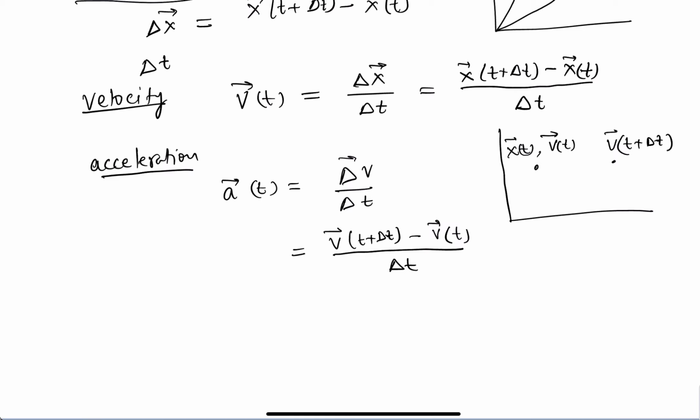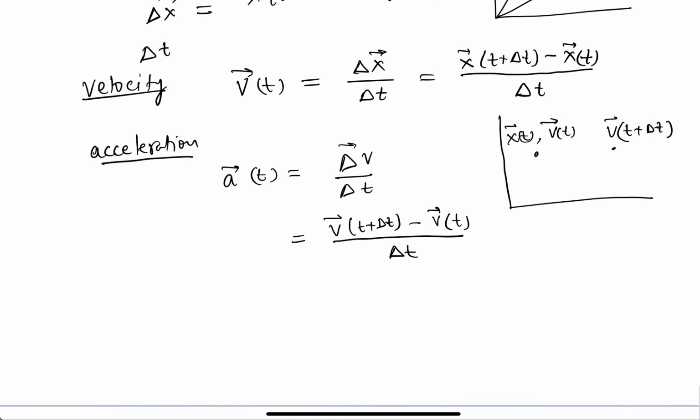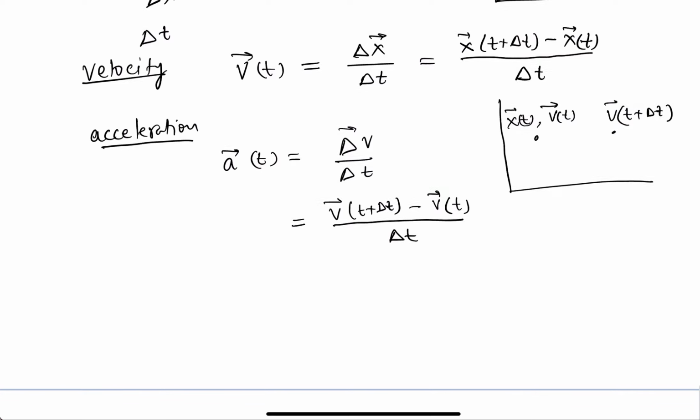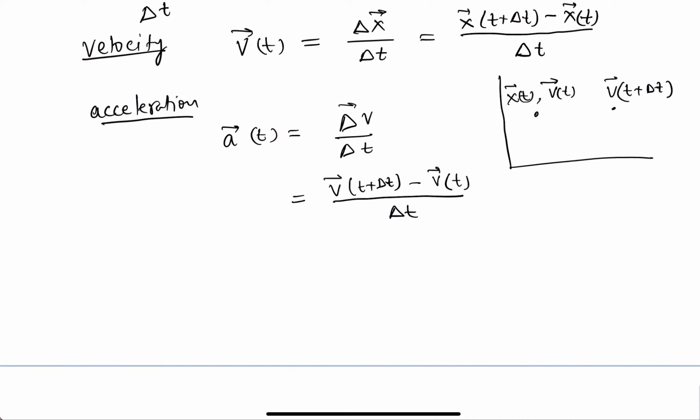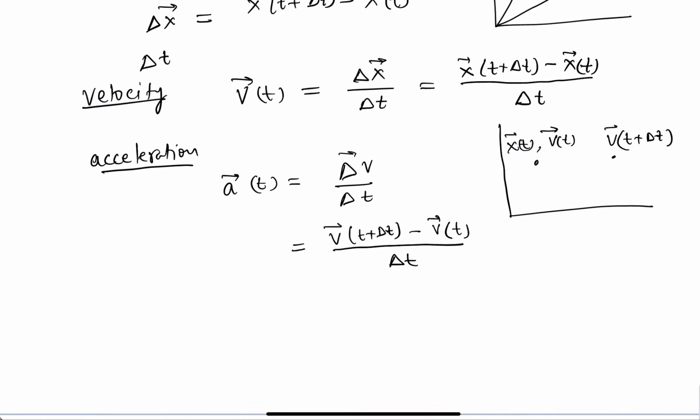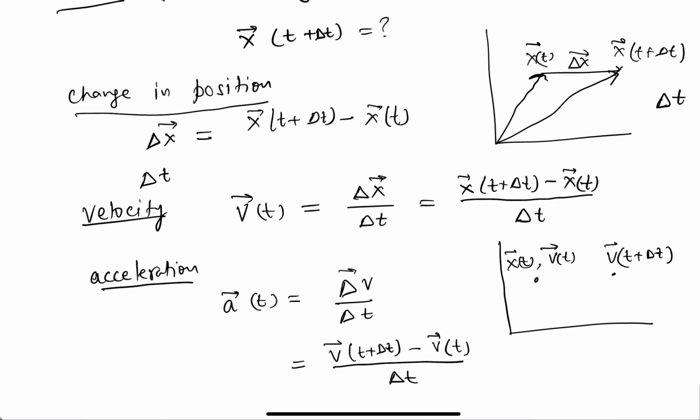Now once we have defined position, velocity and acceleration, we can start describing how the position of the particle would change with respect to time. So till now we know that the particle was at some position x of t, it has some velocity, you can similarly define acceleration and so on, and it moved from here to some other position.